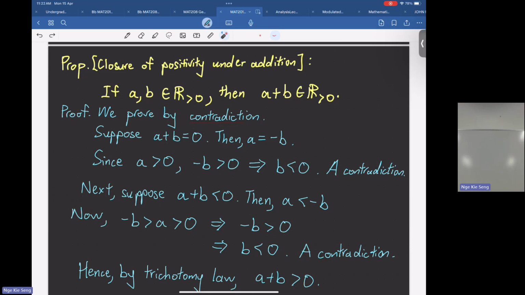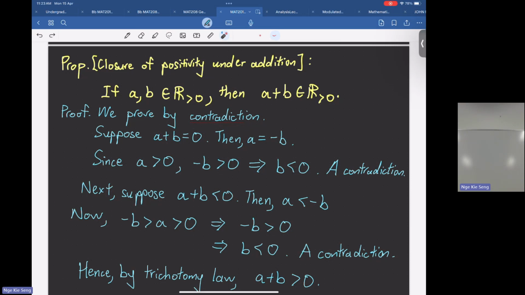Same concept. If you want to compare to 0, there are only 3 possibilities. What are the 3 possibilities? Yes, bigger, equal, or less than. So you need to show that less than and equal don't happen. Then by trichotomy, greater than 0 has to happen. So first, I suppose A plus B is 0. If A plus B is 0, this implies what?